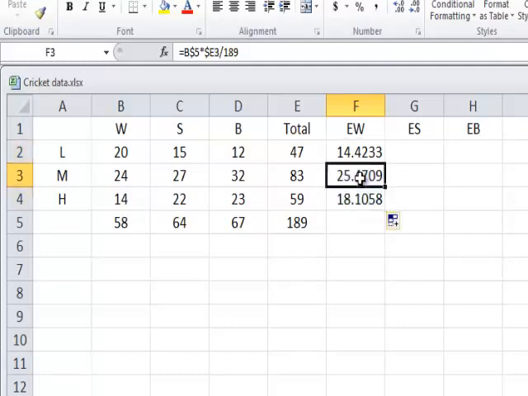Alright, now this is $5 times E3, exactly, this is working, right? And this is $5 and E4. So this is now correct. Now, if I copy this and move this over here, now this is $5 times E2.